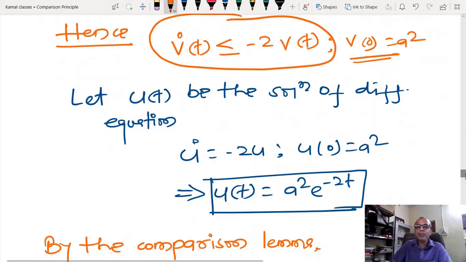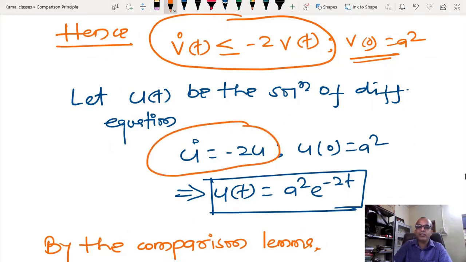So I have converted this into an equivalent differential equation. Here I have the differential inequality, and here I have the differential equation. Everything remains the same; I have just replaced inequality by equality, the right-hand side vector field remains the same, and I take the same initial condition here, u(0) equals a square, or you can take an initial condition u(0) that is less than or equal to v(0).